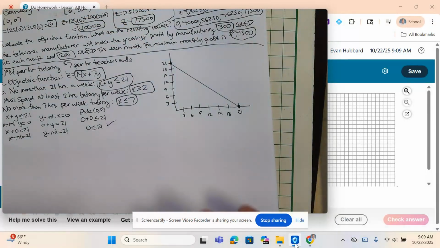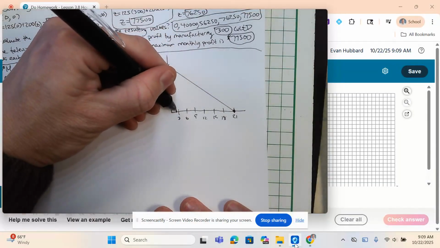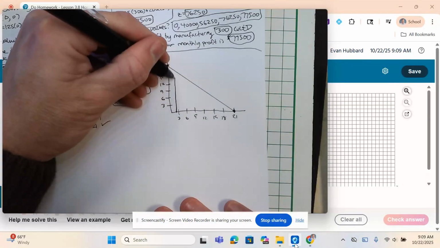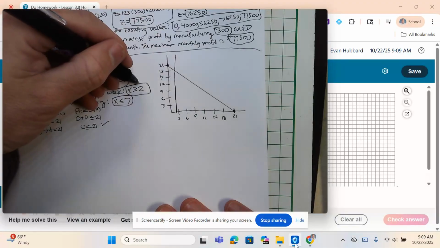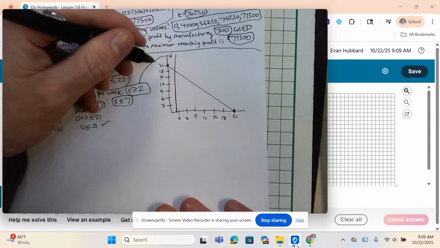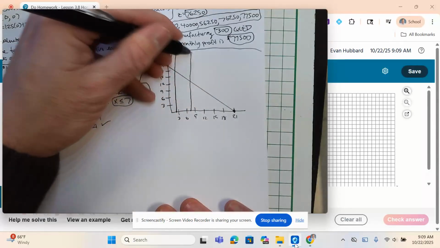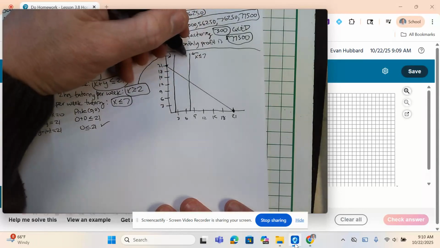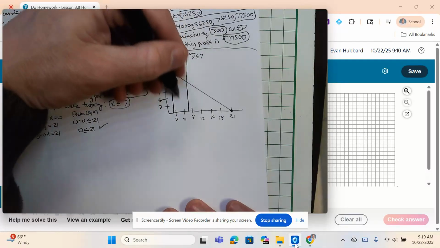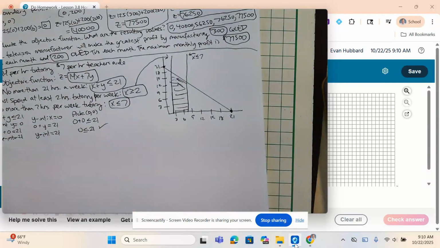For x greater than or equal to 2, I go to 2, draw a vertical line, and go this way. X less than or equal to 7, I go to 7. The region will be shaded in between these two.